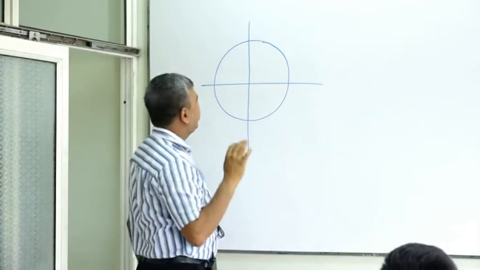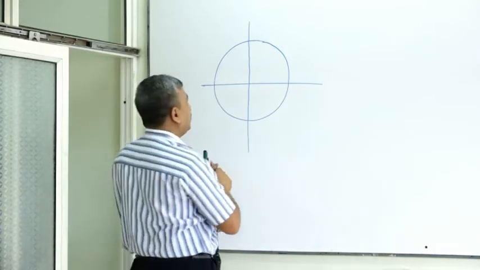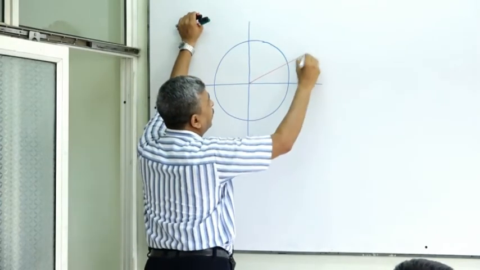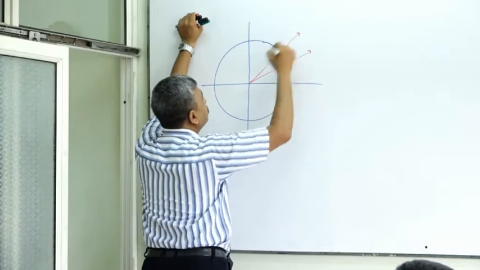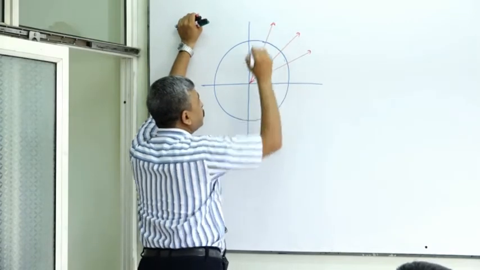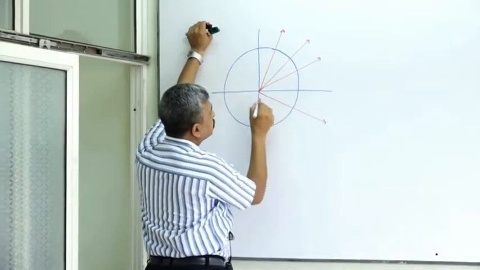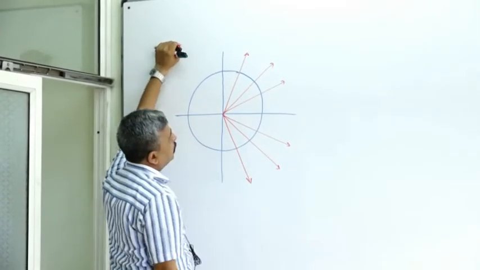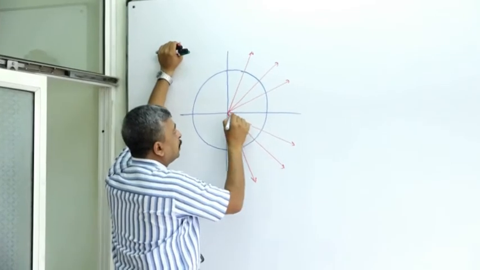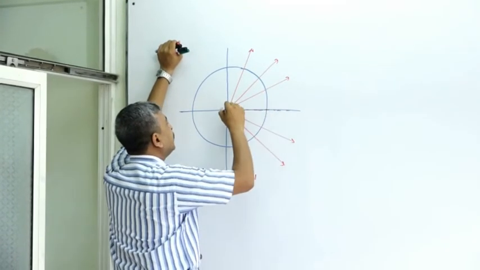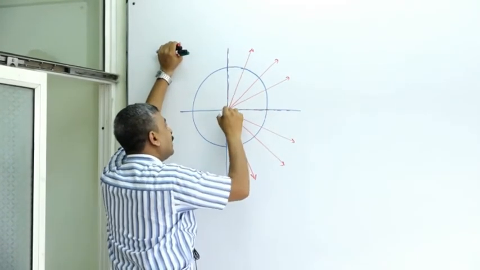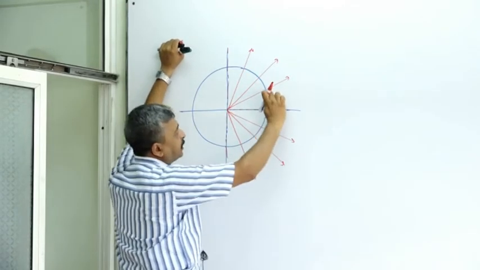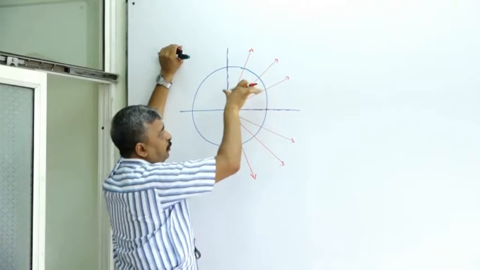So for that, what is most important is the positions of terminal rays. So these are my standard positions of terminal rays, when the angles are standard, that I have drawn. Say for example, the first ray here is 30 degrees, so this is half, this is root 3 by 2.